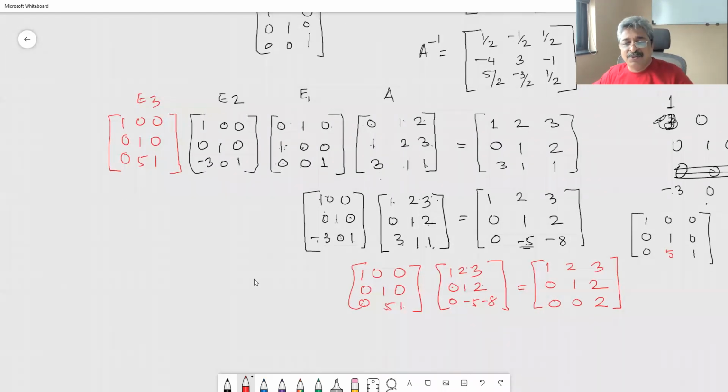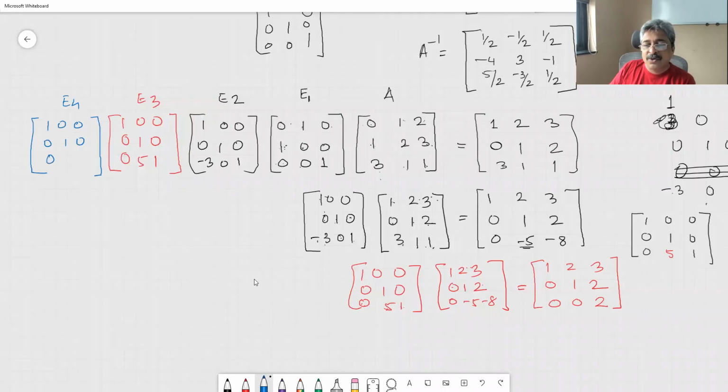Now I am supposed to make this fellow 1, therefore my E4 matrix is going to be 1 0 0, 0 1 0, 0 0 half. What am I supposed to do? Divide the last row by half.